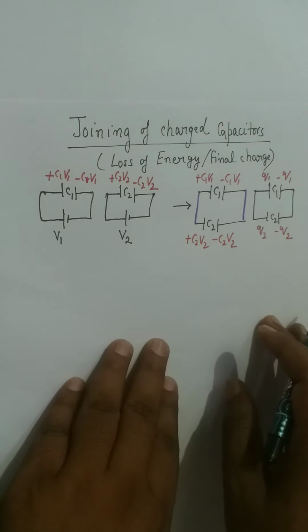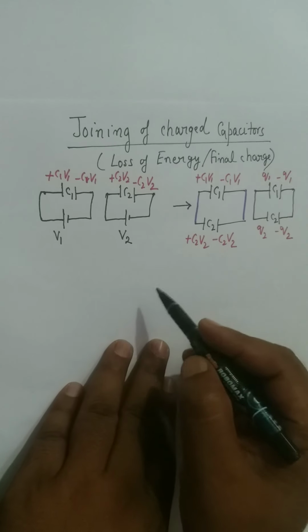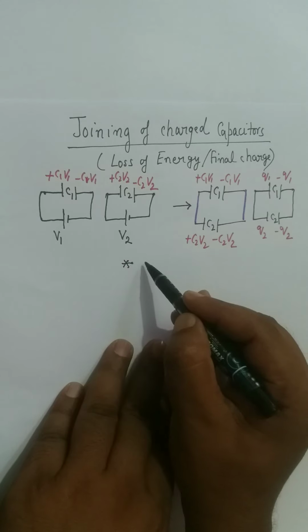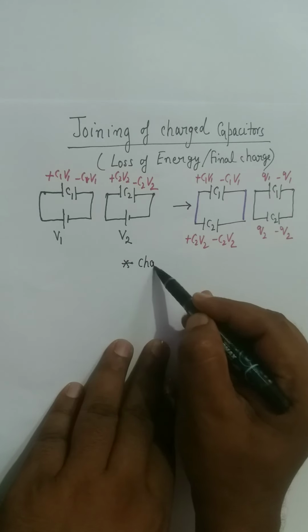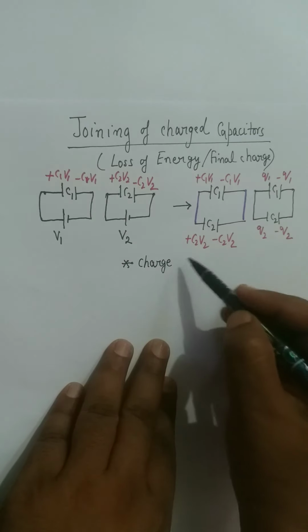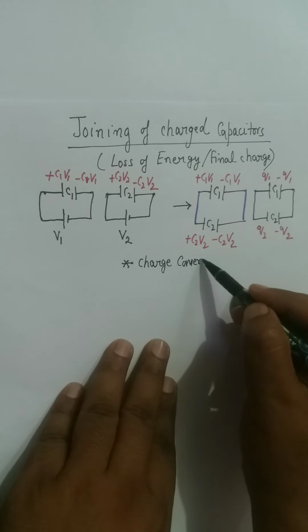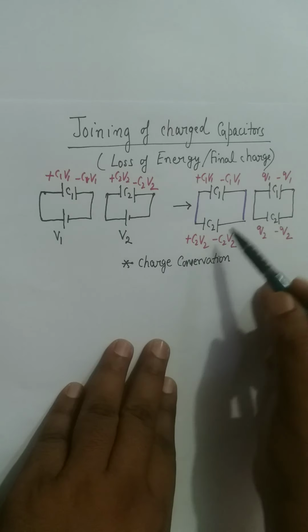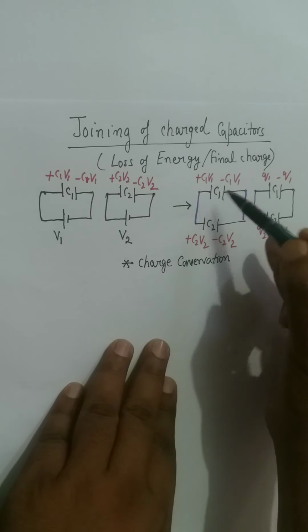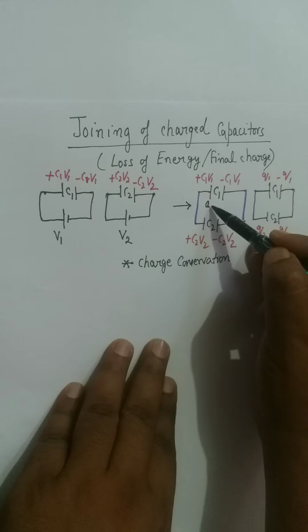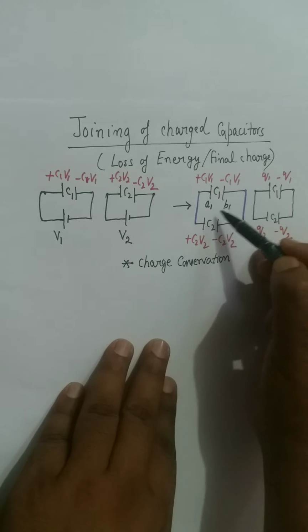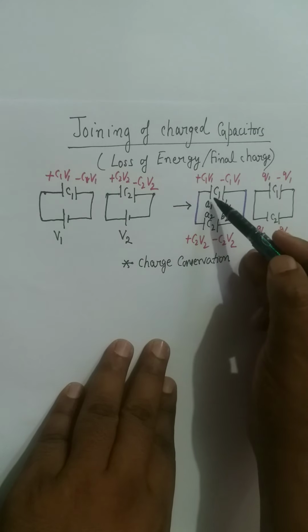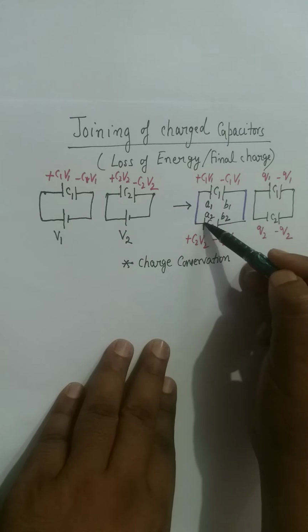So what you can do is follow two basic principles. The first basic principle is charge conservation. Let's say the plates are A1, B1 and A2, B2. Notice that we have connected plate A1 to plate A2.